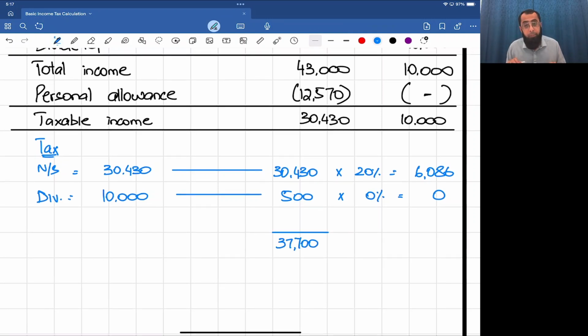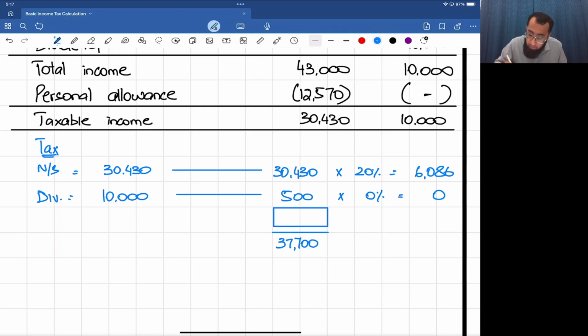Now from this 37,700, 30,430 was used by non-saving income, and 500 pounds was used by the dividend income, which was taxed at 0% rate. That is also using the band because that was also the portion of the income.